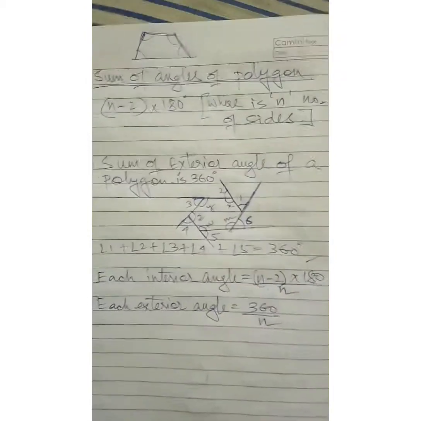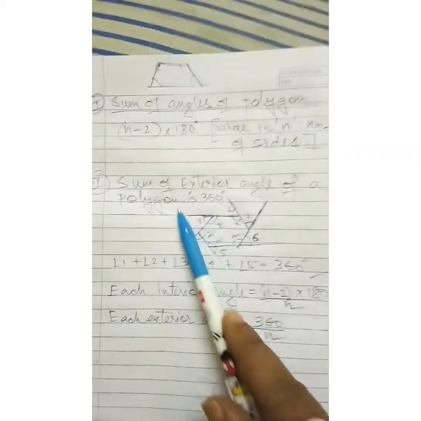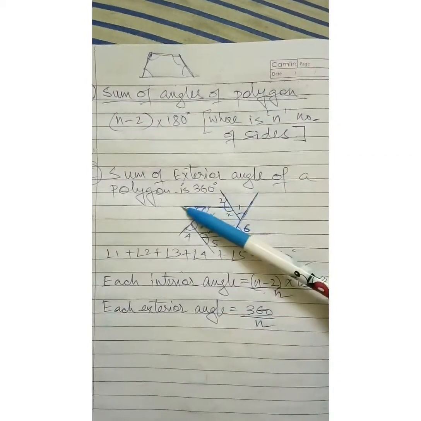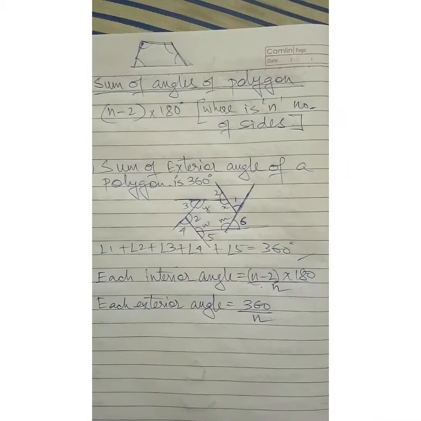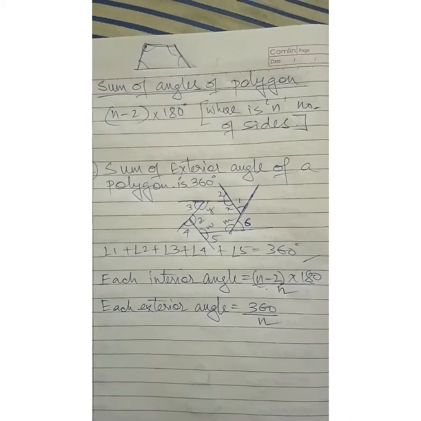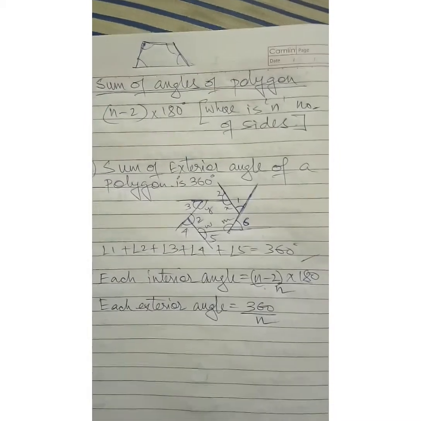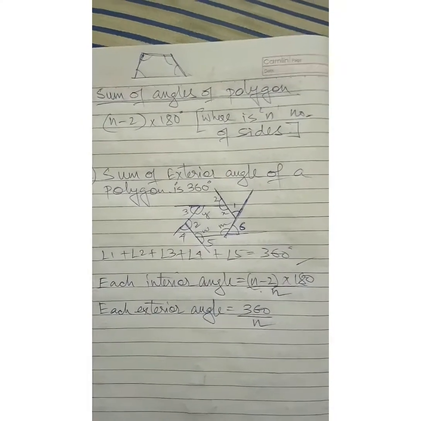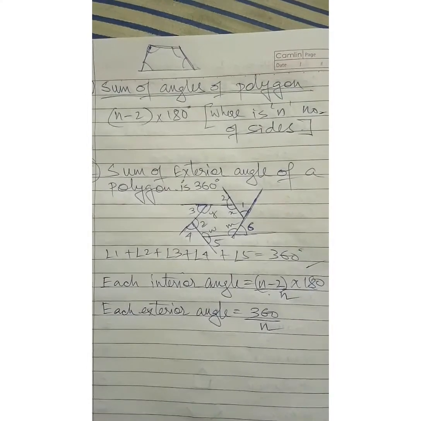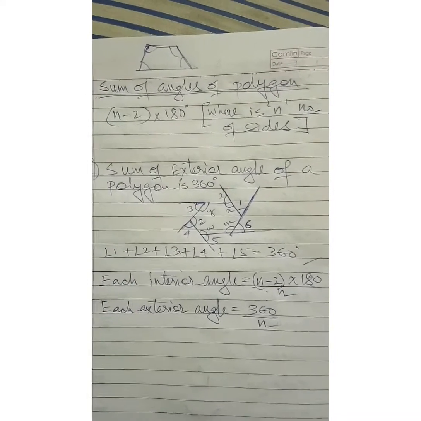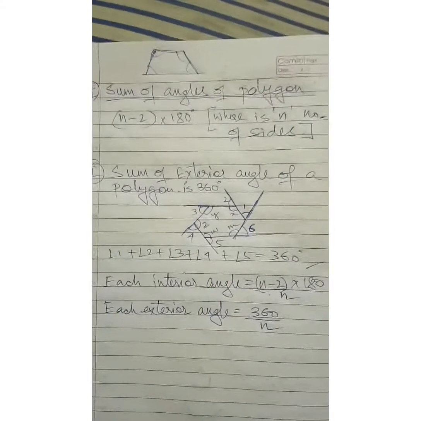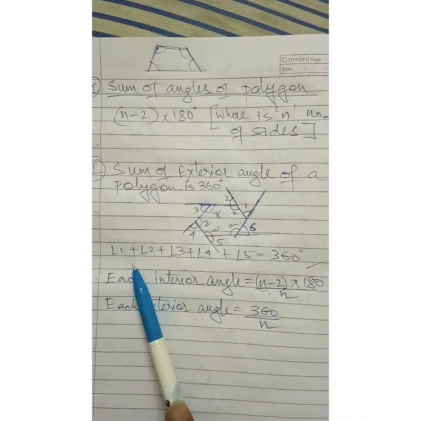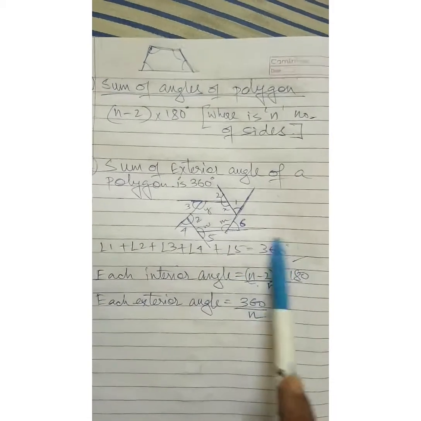The sum of the exterior angles of a polygon is always 360. It might be a 7-sided, 10-sided, 6-sided or 5-sided figure. Sorry, the sum will always come 360 degrees. After adding up here also, the value that came was 360.